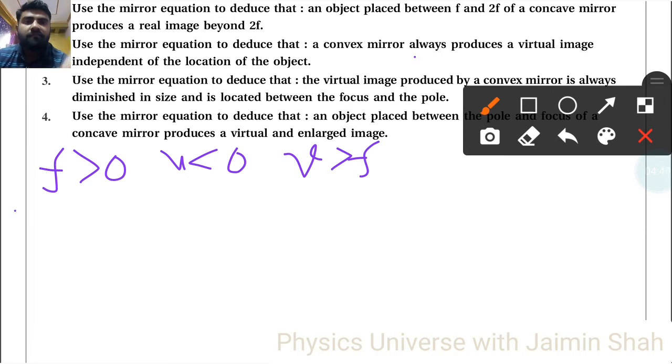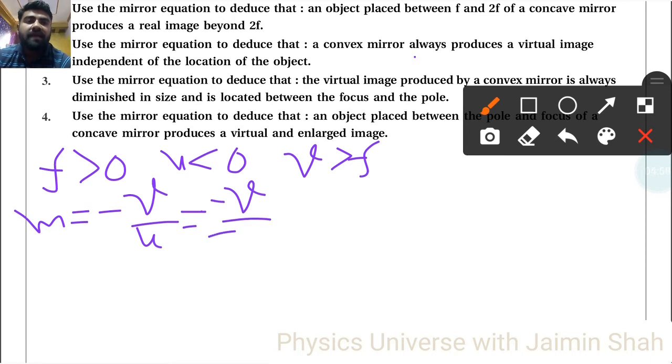Now to find the magnification, for a mirror the formula is m equals minus v upon u. See, v is positive, but u is negative, so minus minus becomes positive, so the answer will be positive.